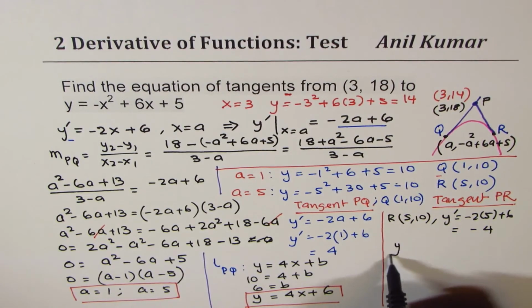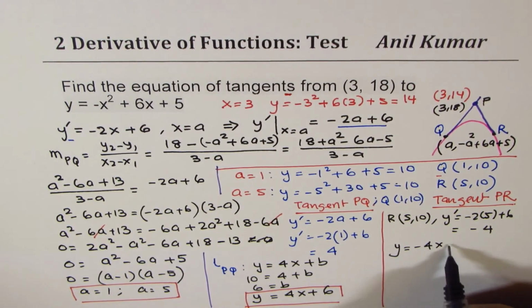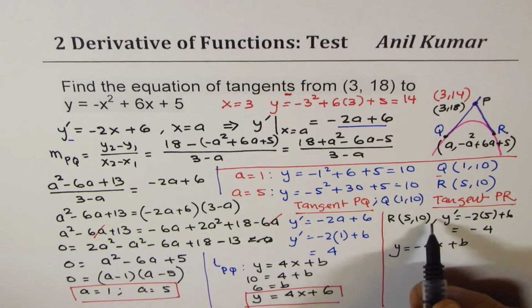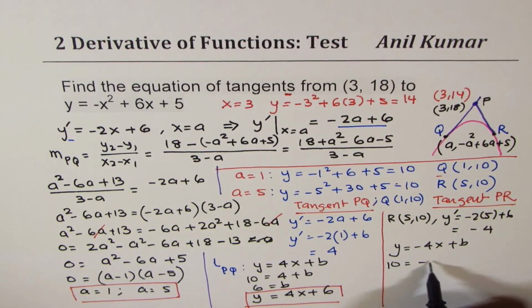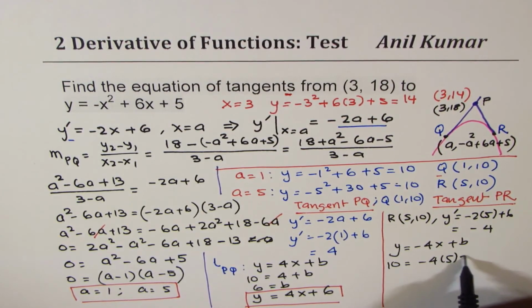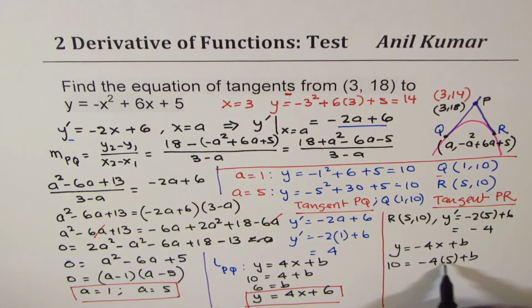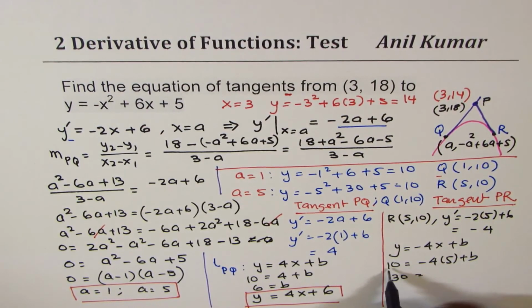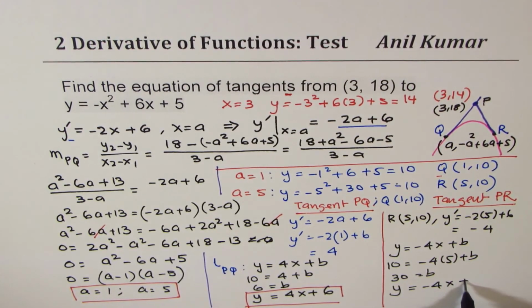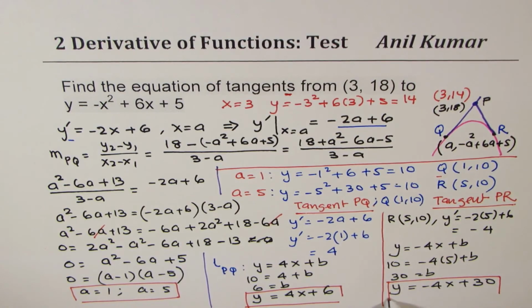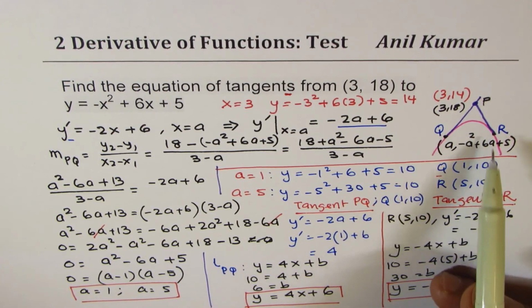So the equation is y equals to minus 4x plus b. Substituting 5 and 10, we get 10 equals to minus 4 times 5 plus b, or b is 30, right? Minus 20, bringing it here. And therefore, the equation is y equals to minus 4x plus 30. So that becomes the second equation of the tangent PR.